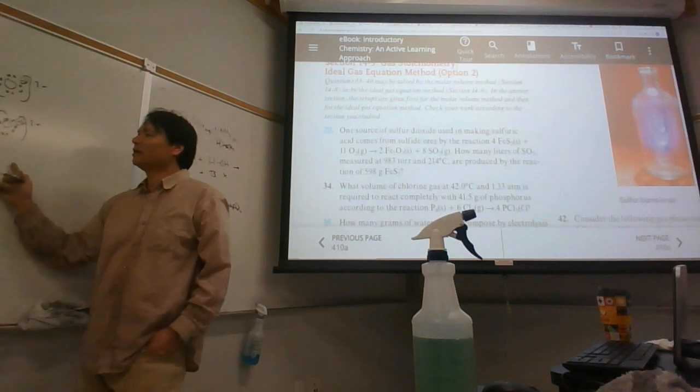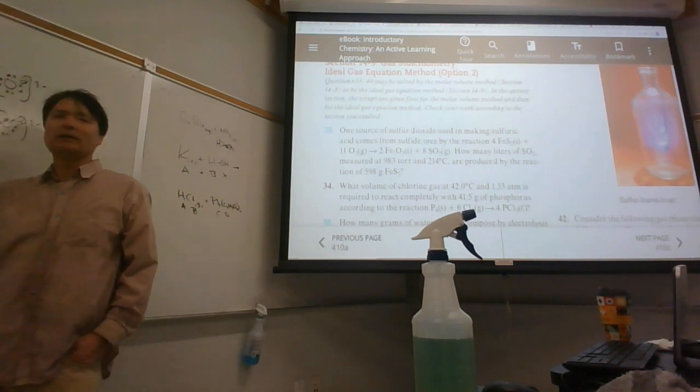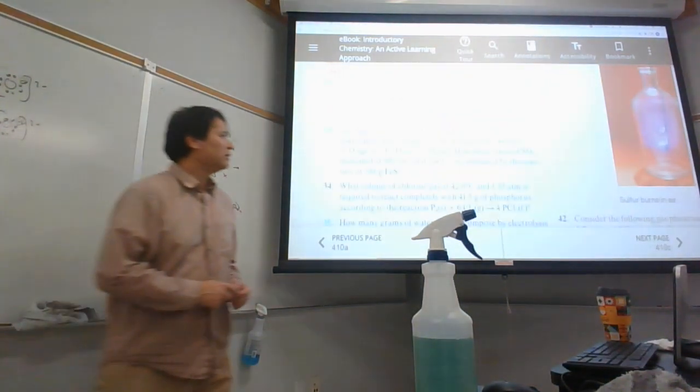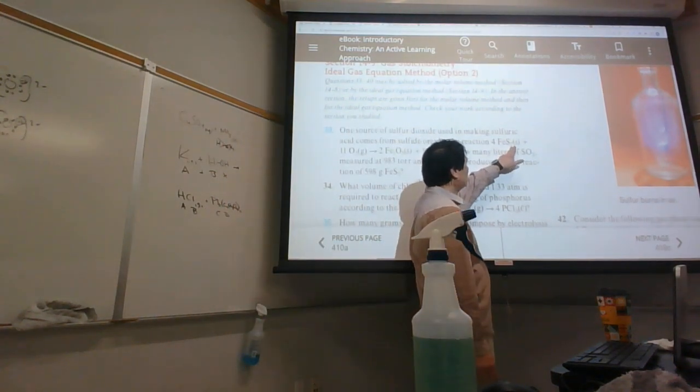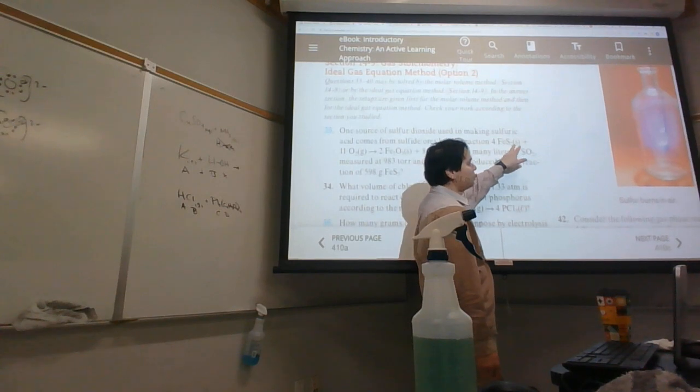Sulfur does the same thing, but we don't call it persulfide. This is the exact same thing as peroxide. Why don't they call it persulfide?